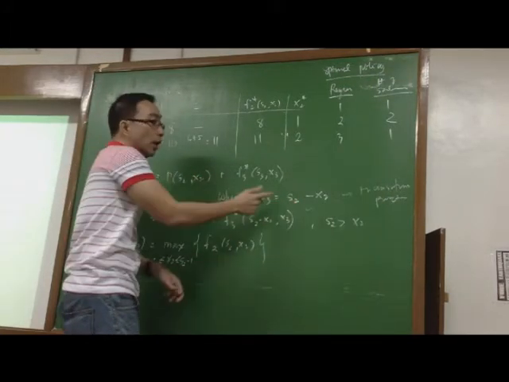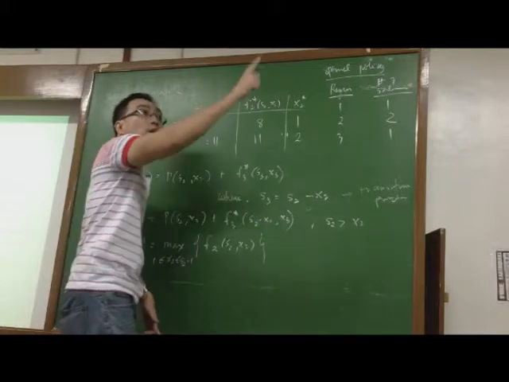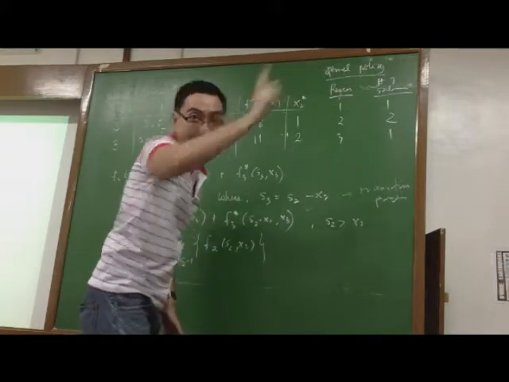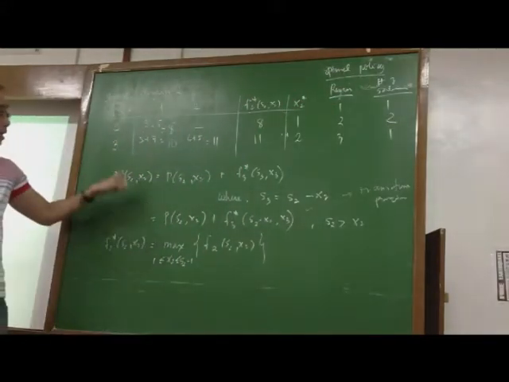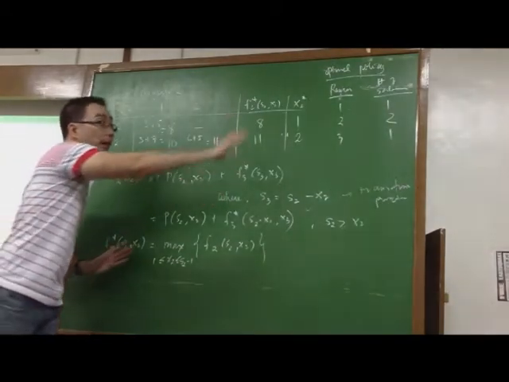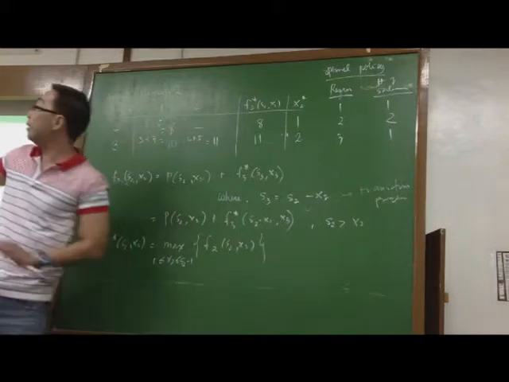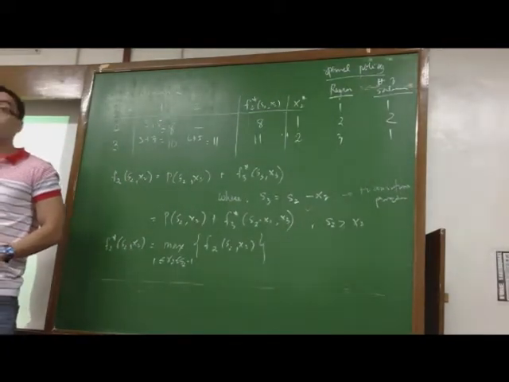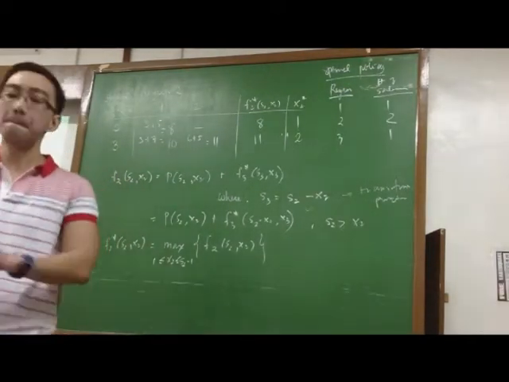Yan ang magsasabi sa'yo kung anong S3 ang gagamitin mo. And then you now have the recursive function. It's just the maximum again for every state. And then proceed to the last one. Same process with stage 2.